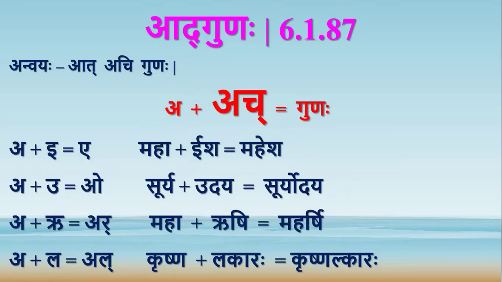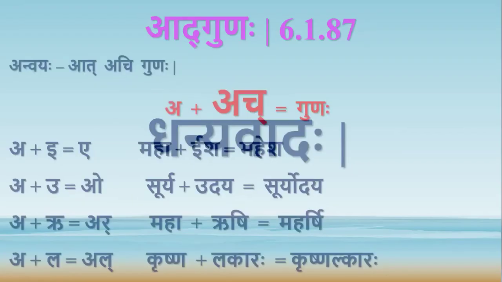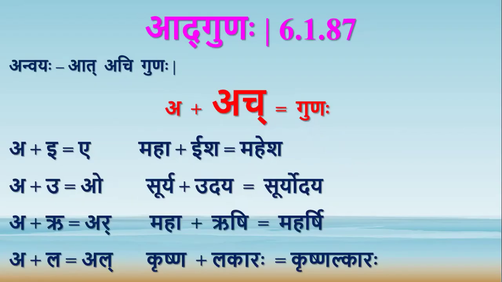In the discussion of the sutra Adgunaha, we saw that the equation for Adgunaha is a plus at is equal to guna. But I have not taken all the at letters here. Here I have taken i, here u, here ṛ, here ḷ.